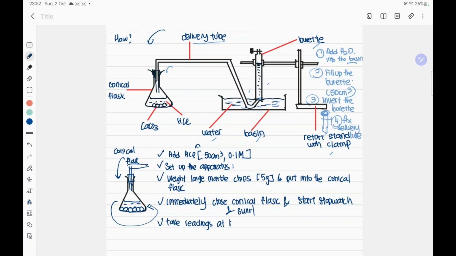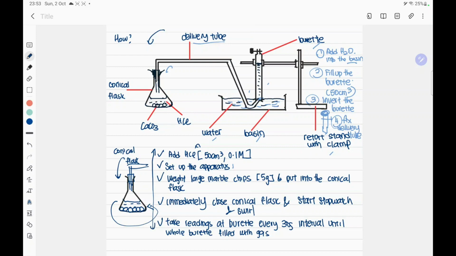At the burette, of course, every 30 seconds interval until the whole burette is filled with gas. And we are going to repeat all these steps.